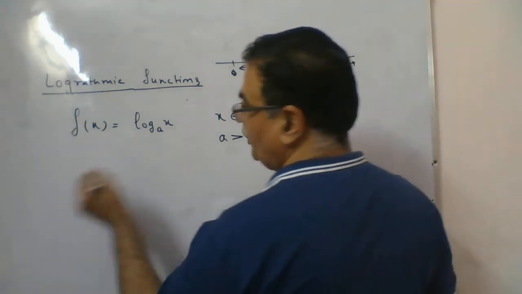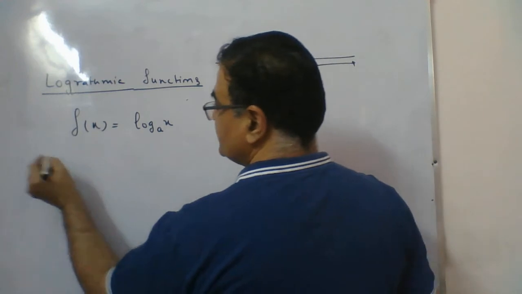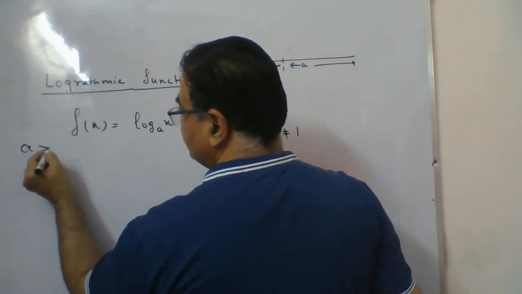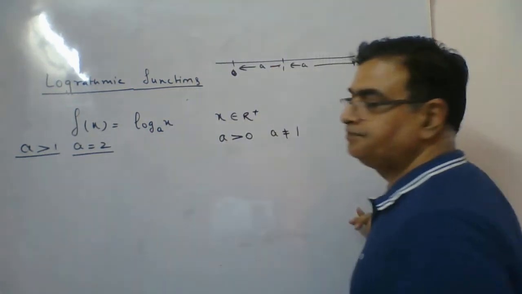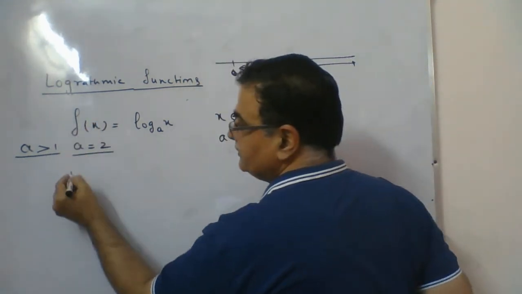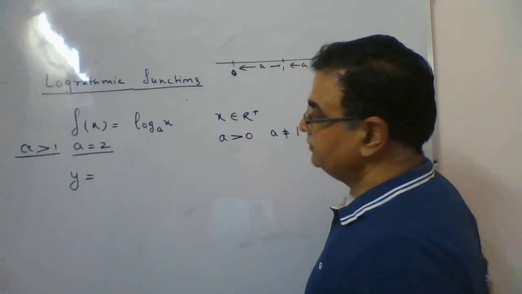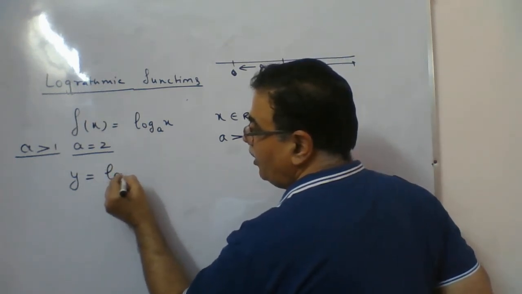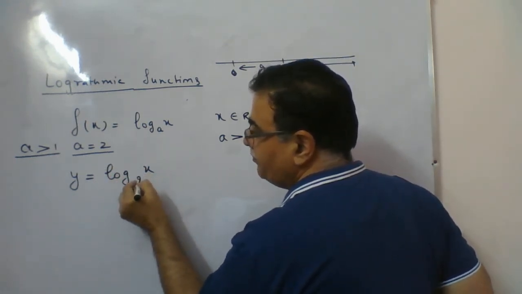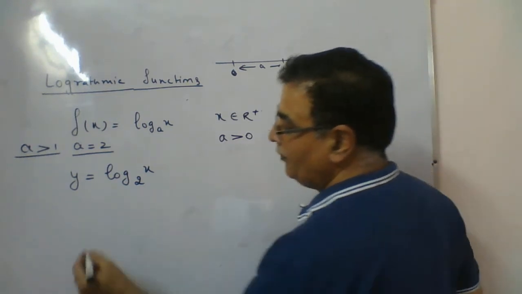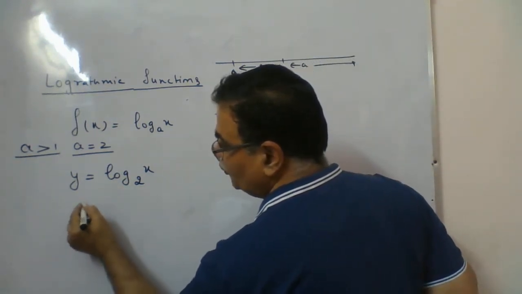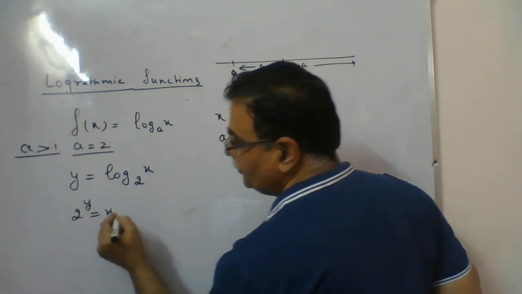Now I first take the case A greater than 1, that means I am taking A as 2. We'll take this as y, and it will be y equal to log of x with base 2. When you solve it, 2 to the power y comes out to be x.